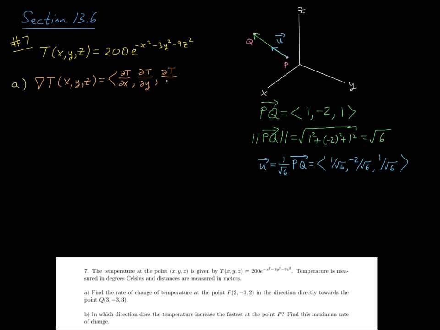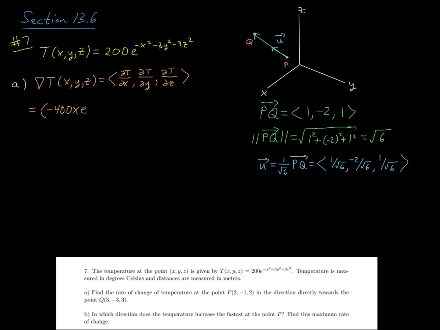For the x derivative, I apply the chain rule and differentiate what's in the exponent with respect to x. That gives -2x, which multiplies the 200, so I get -400x times our exponential term.